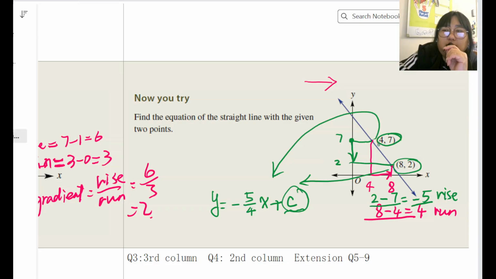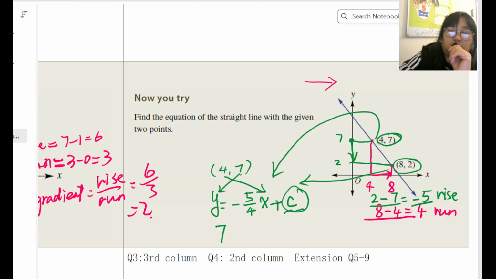If I substitute (4, 7), that means x equals 4 and y equals 7. So 7 equals -5 over 4 times 4, plus c.